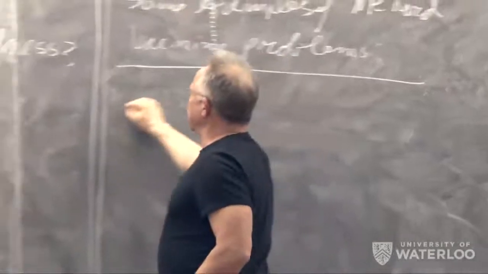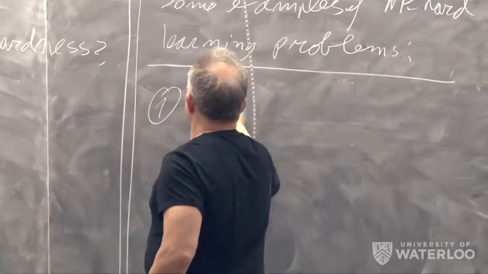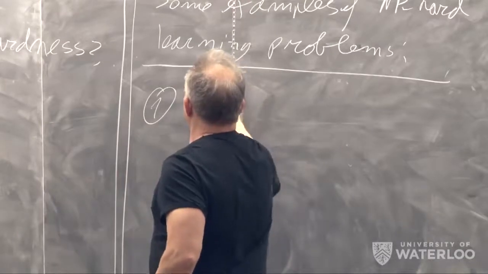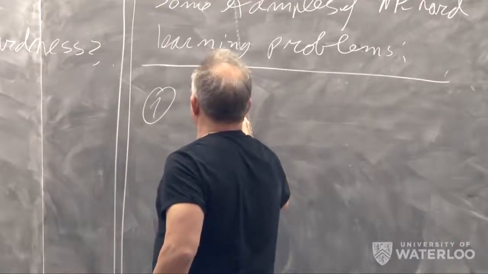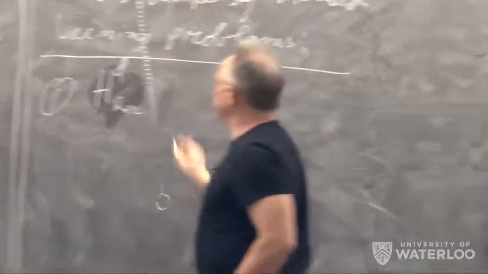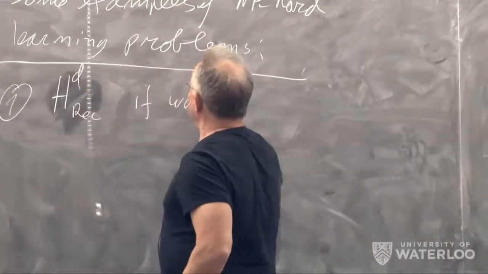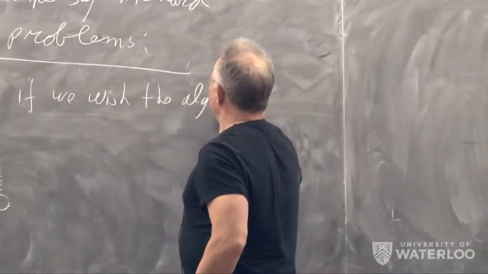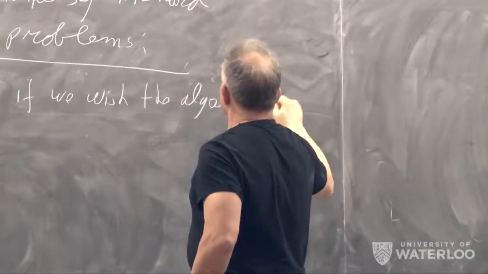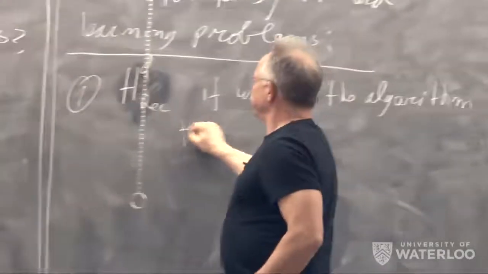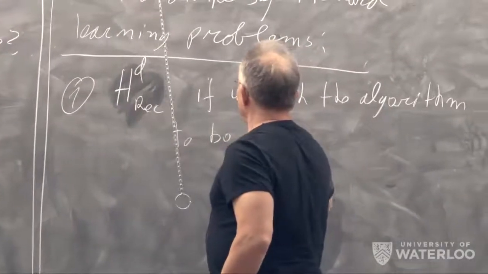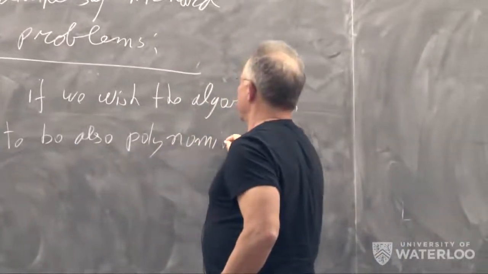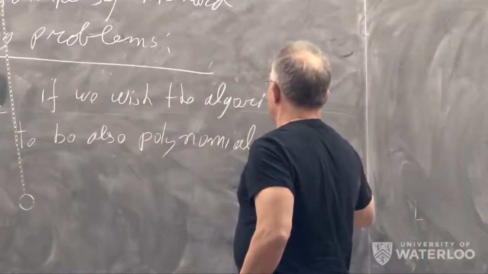The first one is the axis-aligned rectangles in d dimensions, if we wish the algorithm to be also polynomial in d.